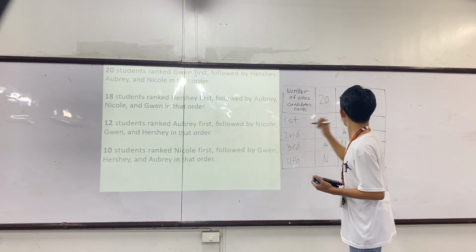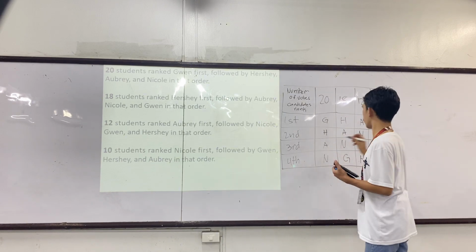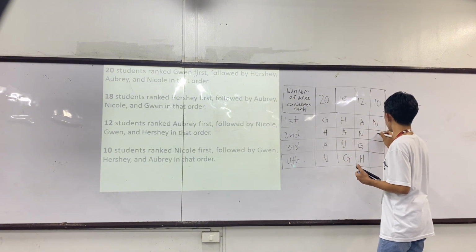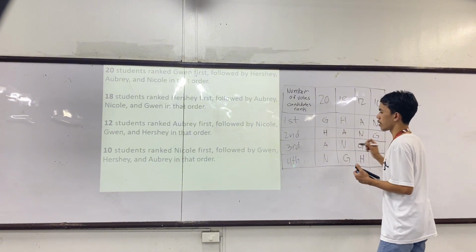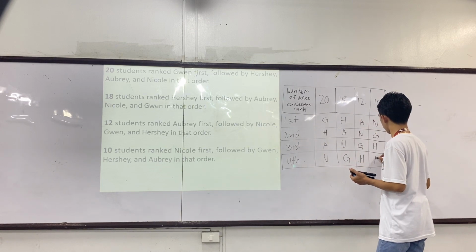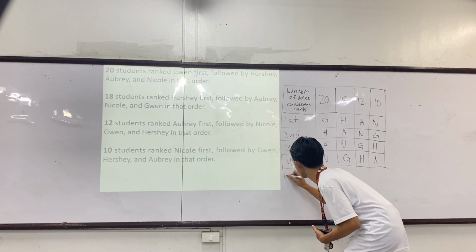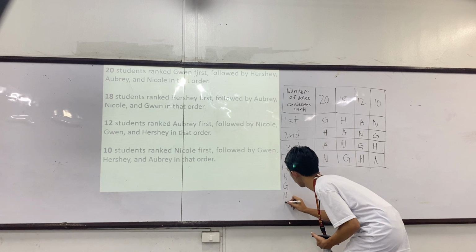Next, 10 students vote for Nicole first, followed by Gwen, Hershey, and Aubrey.